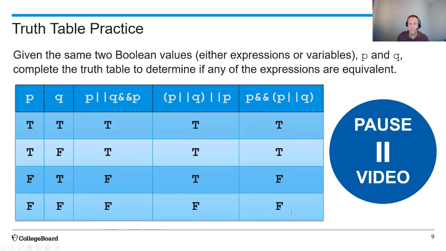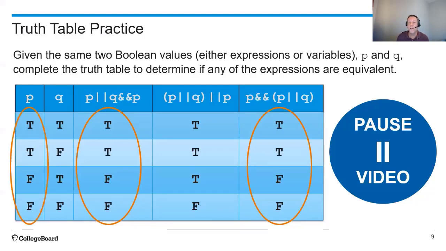So are any of these equivalent? Well, if you look at those two columns, they're both having the same values in every single item in the table here. So these are two equivalent expressions. In fact, you may have noticed that they're the same as the P values in the P column.